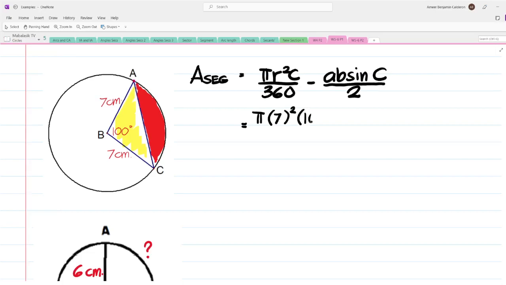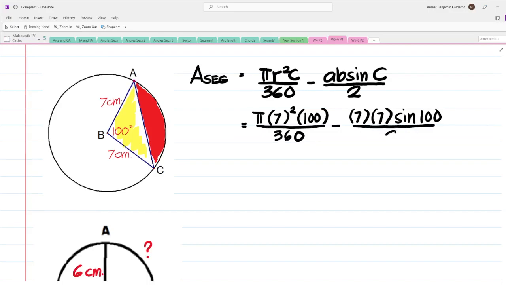C is 100 over 360, minus AB. Those are the side measures of our triangle, in this particular case both 7 centimeters. So that's 7 times 7 sine C, the measurement of the central angle, in this case 100, over 2.